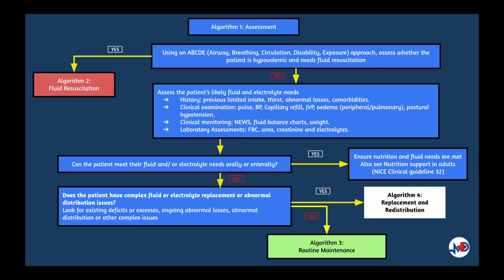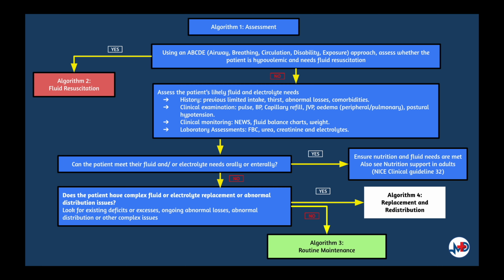If the patient is unable to maintain their fluid needs orally, then ask yourself, does the patient have any complex fluid or electrolyte replacement or abnormal distribution issues? Look for existing deficits or excesses, any ongoing abnormal losses, abnormal distribution, and other complex issues.